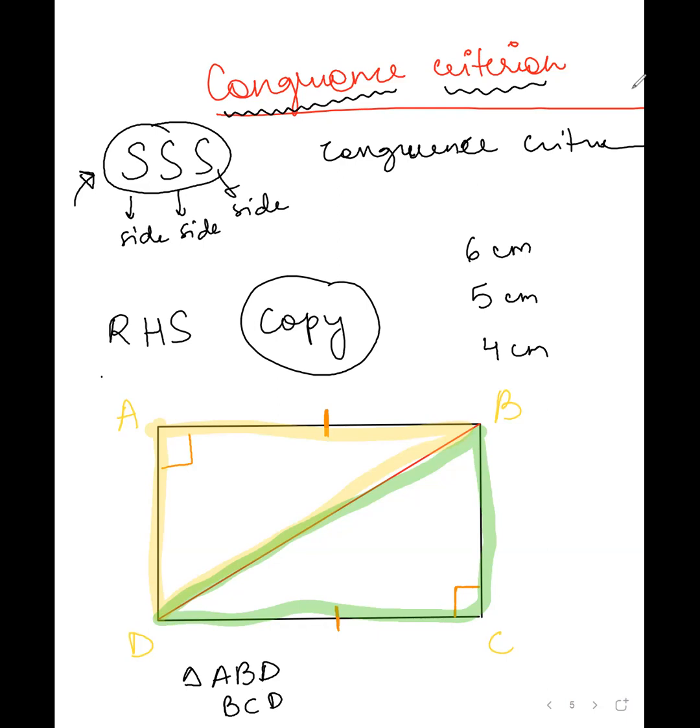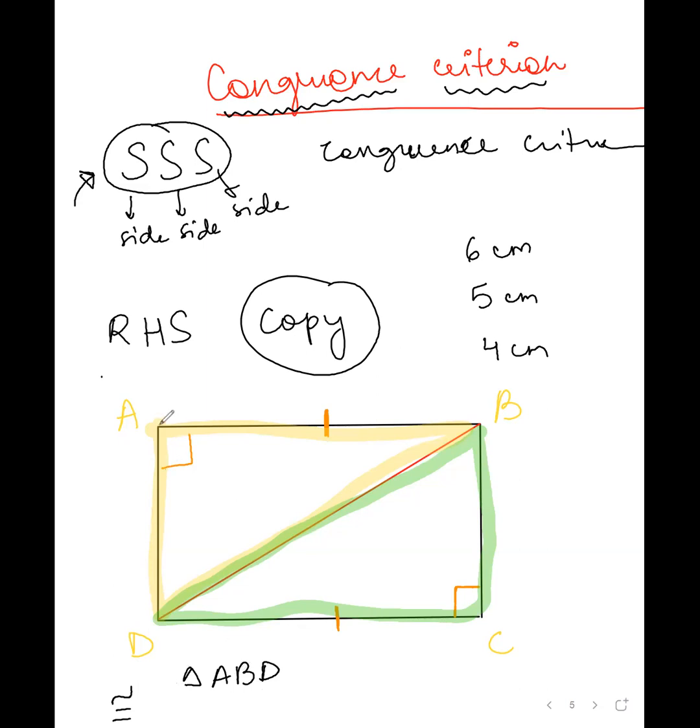In fact, not BCD. I'll tell you how. See, triangle BDC is the same as triangle BCD and that's the same as triangle CBD. It's the same thing. But we order the letters carefully when we are talking about congruence. You know why?